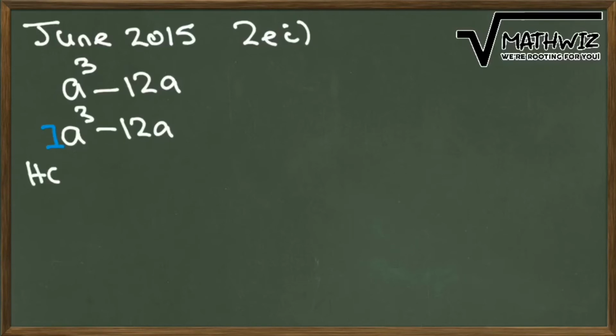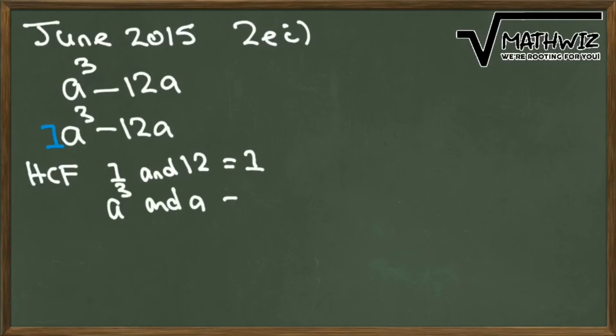So the HCF of 1 and 12 is just 1, and the highest common factor of a cubed and a is just a. So again, if you want, you can put the 1a on the outside.